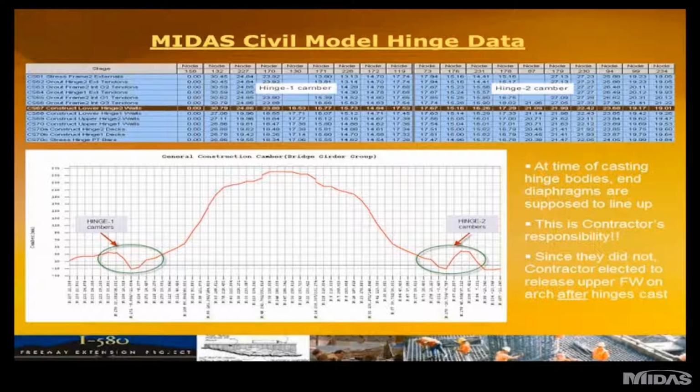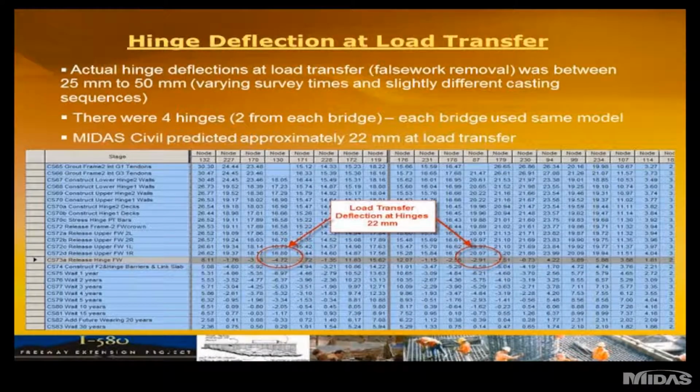Once the hinges were cast, all the post-tensioning bars, everything was stressed up. In the Midas Civil models that I developed, the load transfer deflection at the hinges was approximately 1 inch, slightly less than 1 inch. With the 4 hinges for the northbound and southbound bridges on either side of the arch span, the actual hinge deflections at load transfer were between 1 to 2 inches.